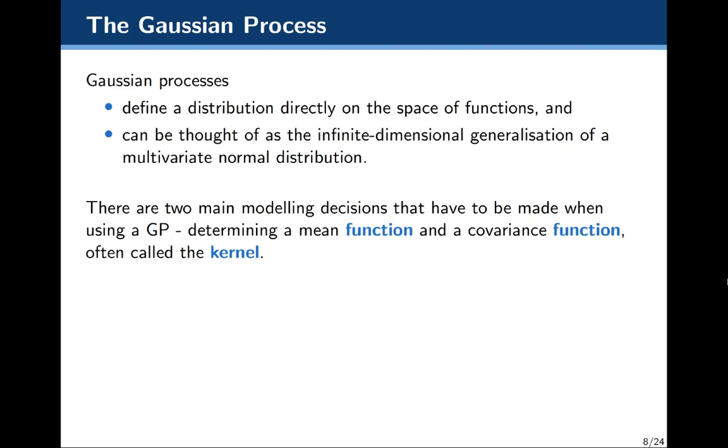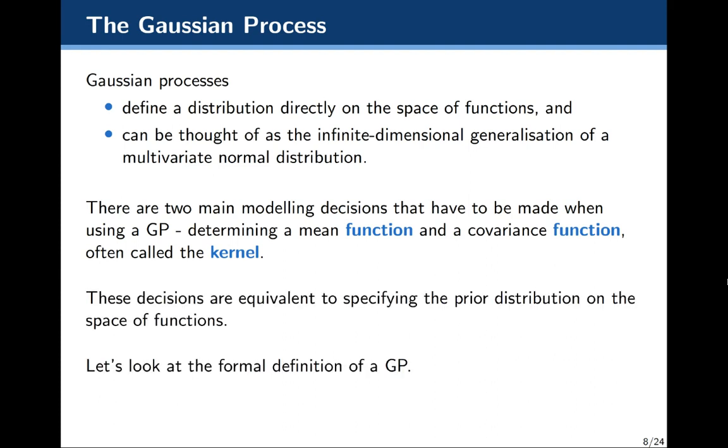Now, when we're using a GP, we have to make two modeling decisions. And as we said, when we're doing probabilistic models, we have to explicitly state our assumptions. So we're going to have to decide on a mean function and a covariance function, or a kernel, for the GP. And what these functions are going to do is they're going to specify the prior distribution on the space of functions. This is going to quantify our beliefs about the form of the function that we are modeling before we've seen any data.